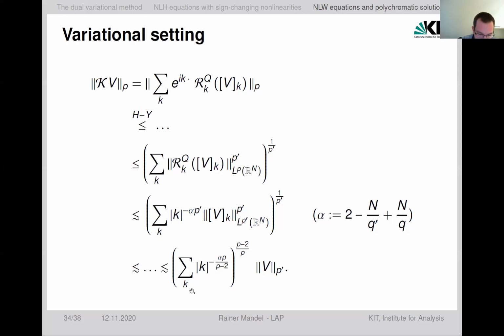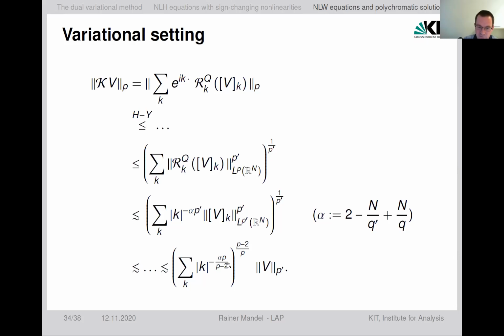Let me stress that here this is a sum only over the odd modes. So k equal to 0 is excluded here. So you have to use that these operator norms decay sufficiently fast at infinity, and once you have this, you have the right mapping properties, and that's actually where our conditions on P and Q come from.